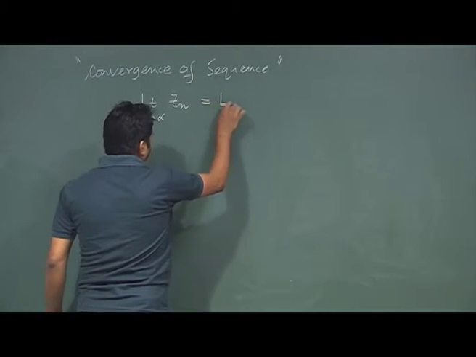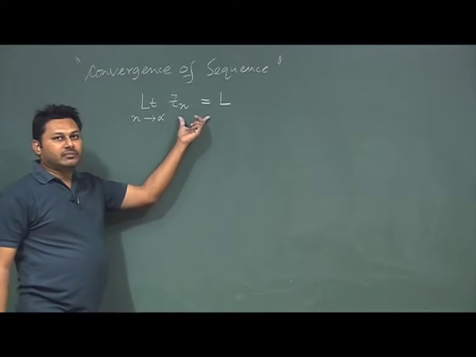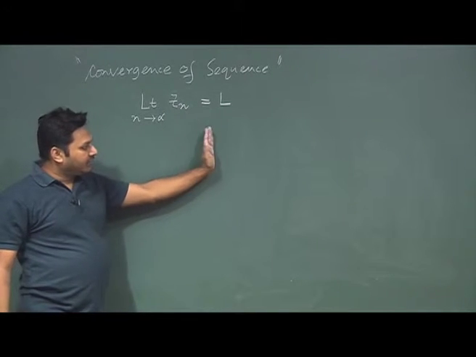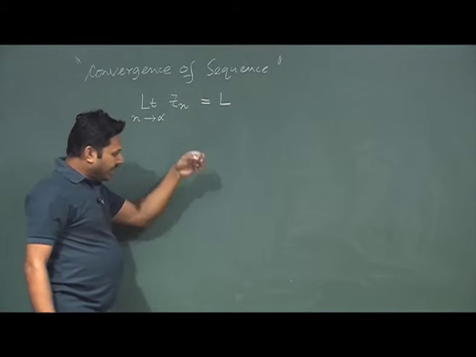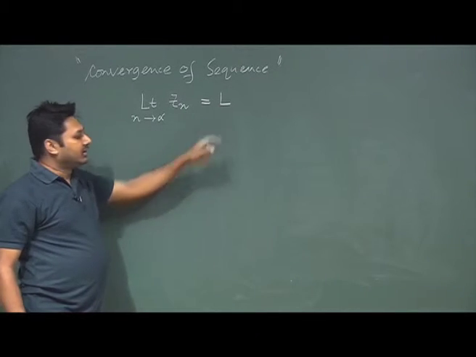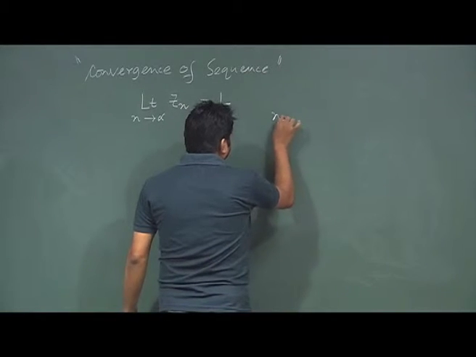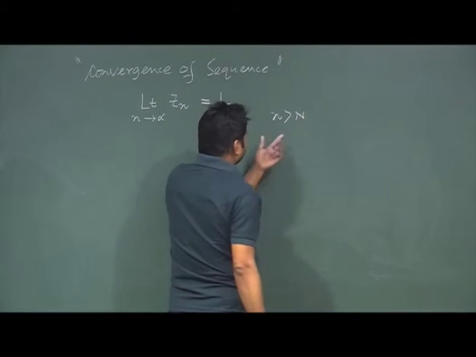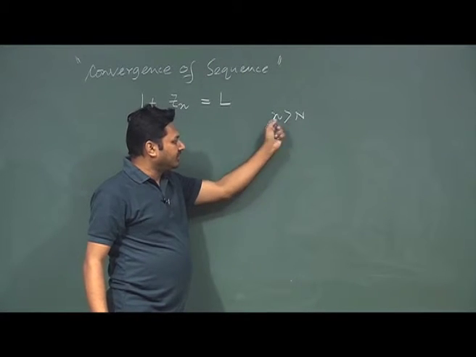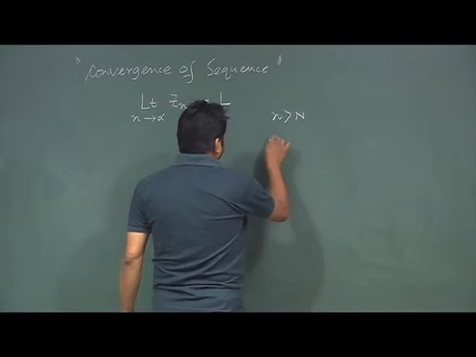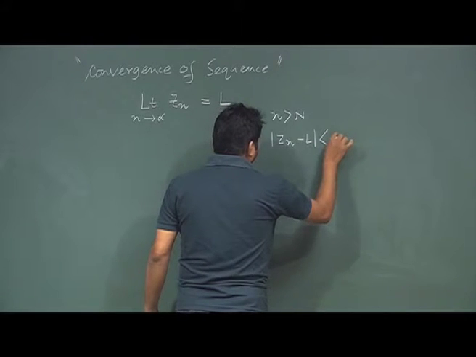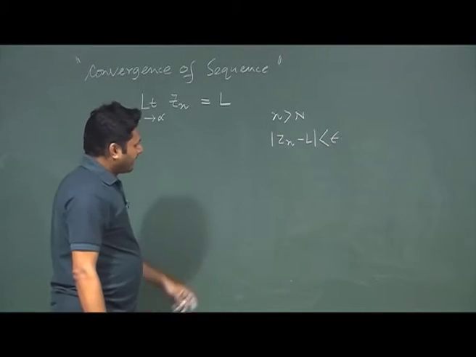Say it goes to some value L. This is the mathematical form. That means when I change the value of n, the numbers try to locate some particular point, which I call L. In another way, if I change n in such a way that it is always greater than some value, big N, then I will have this relation.